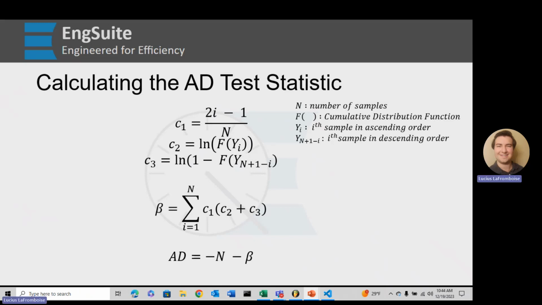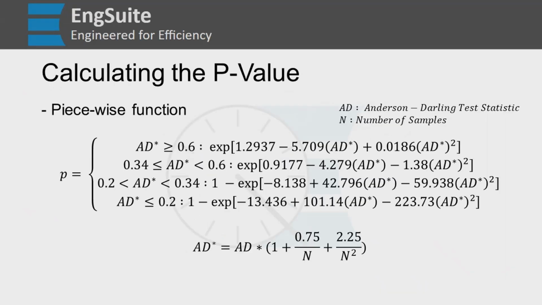So here are our equations for the Anderson-Darling test statistic, all broken down. The reason we broke them down this way is once we get into the spreadsheet software, each of these, C1, C2, C3, will be a separate column, to make it easier to calculate for each individual data point.